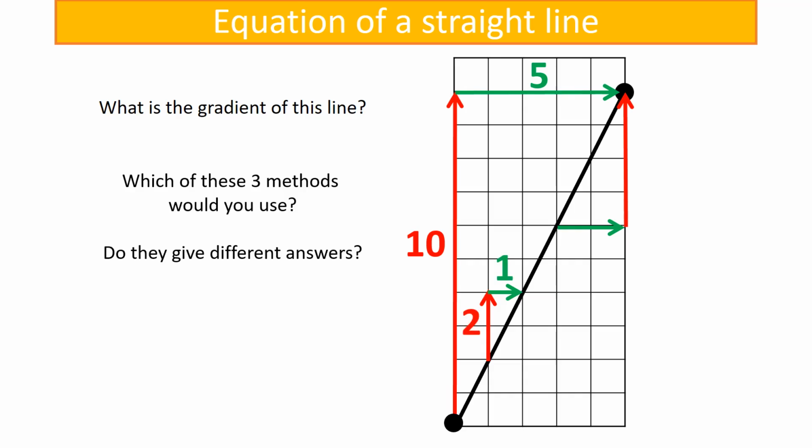If I look at the smallest triangle, the change in y is 2, the change in x is 1, again the gradient equals 2. And for the middle triangle, again the change in y is 4, change in x is 2, so the gradient is 2. So as you can see, it doesn't really matter how big your triangle is, you will be getting the same gradient for all of them.